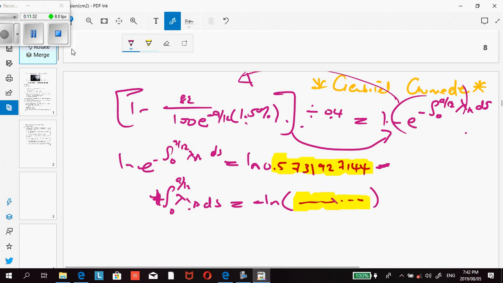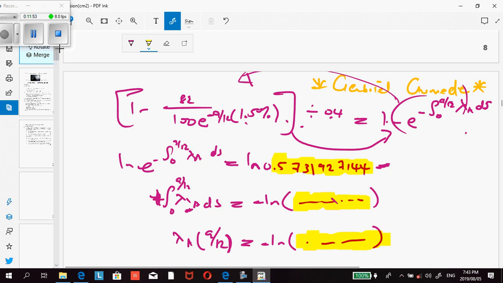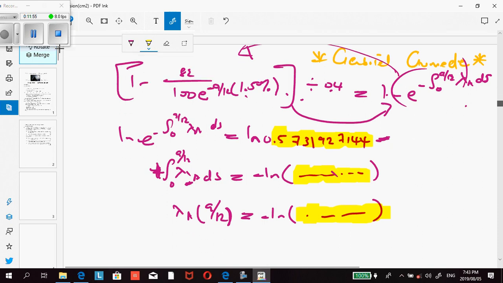Now your lambda is a constant, so I can perform the integration there. It will just be lambda a multiplied by 9 over 12. Please make sure you are able to perform your integration. So now I can find your lambda, which is your transition intensity.